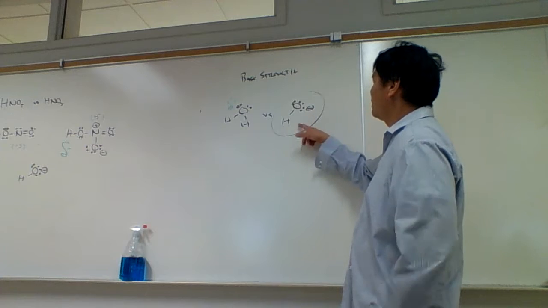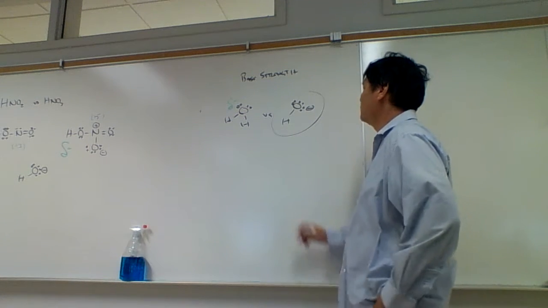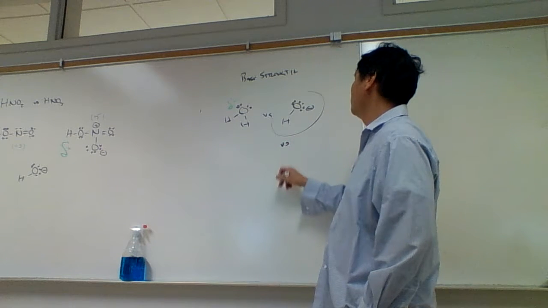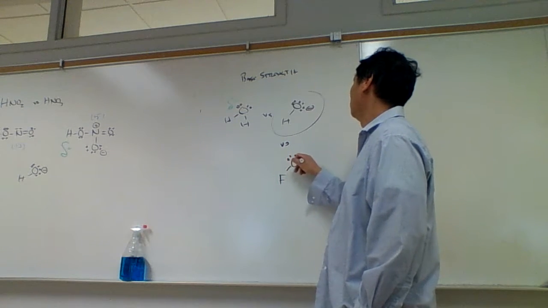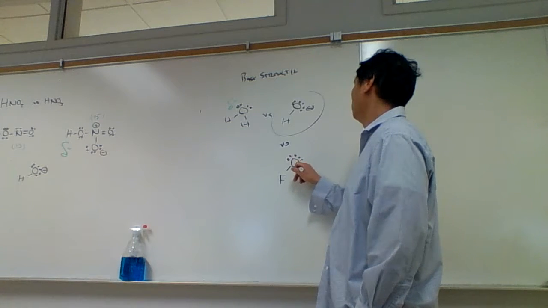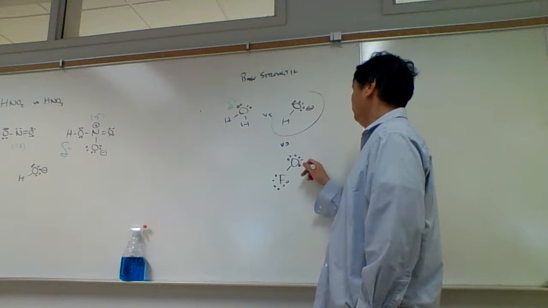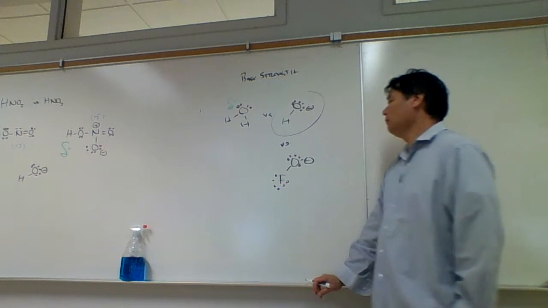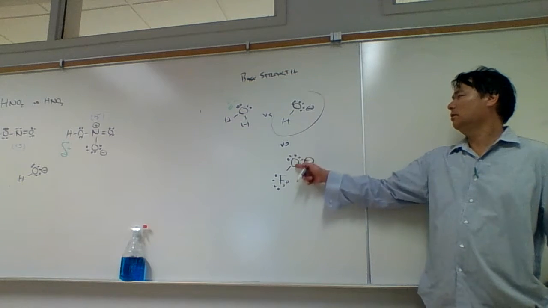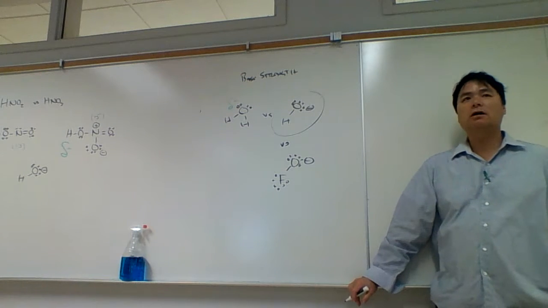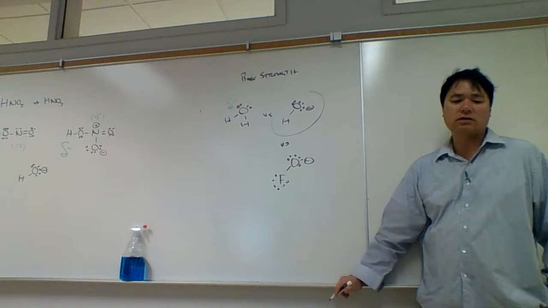Okay, so we have hydroxide here, and then let's say we go versus something like this, FO minus. Between these two, which one would you predict to be stronger? You'd say, well, both of these have a full negative charge on the oxygen.